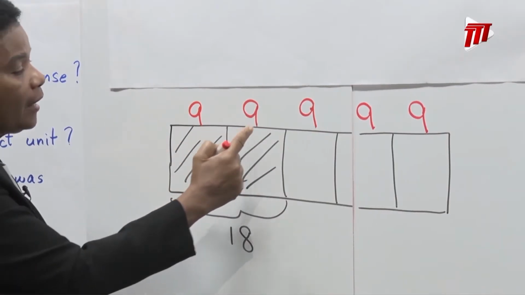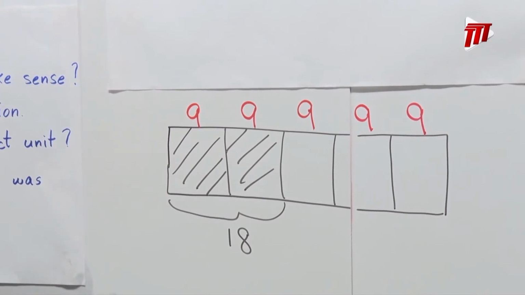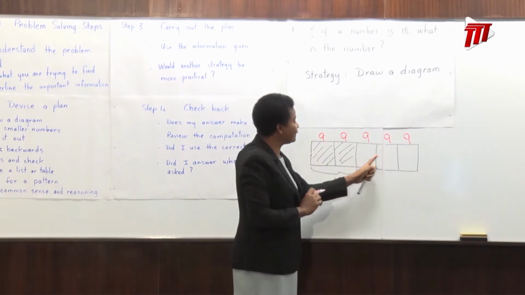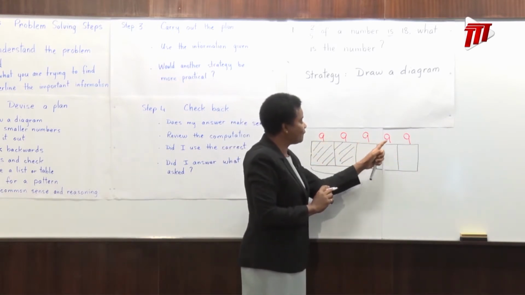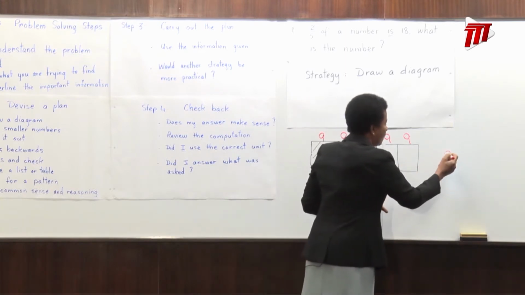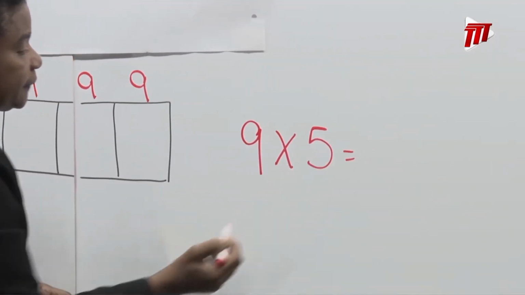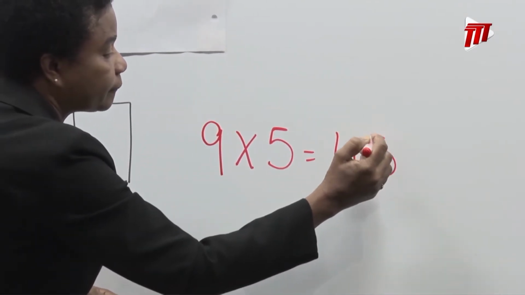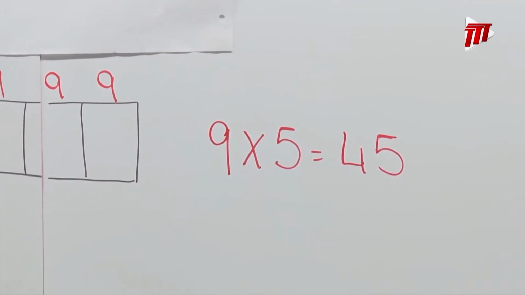Then each part of the whole will also be 9. But what does the sum ask us? The sum asks us, what is the entire number? So we now have to add 9 5 times, or multiply 9 by 5. 9 times 5 is 45. So the number is 45.